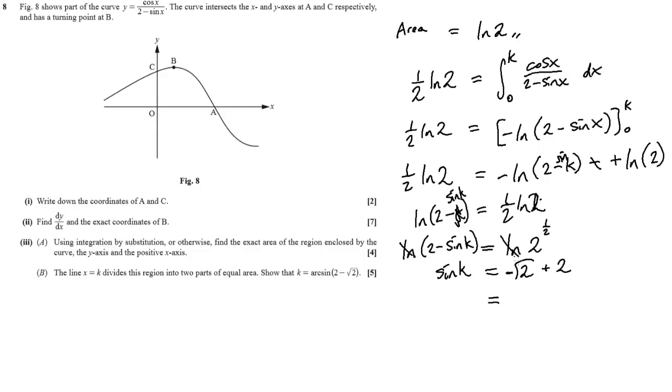It still works. And so k is just arc sine of 2 take root 2, which is not surprisingly the same as the given value. So yeah, that's it for question 8.